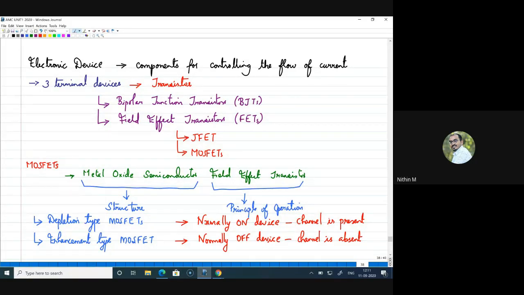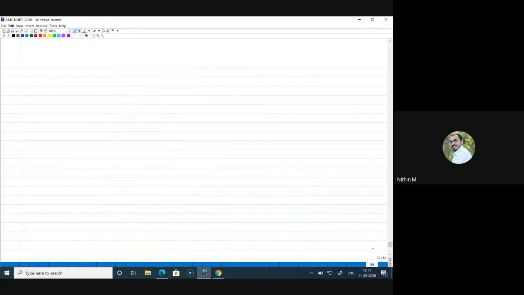So that is the basic difference. One is a normally on device, another one is a normally off device, and we will be focusing on this normally off device, which finds a lot of application in discrete as well as integrated circuits. Right. So moving on, the discussion on enhancement type MOSFET.